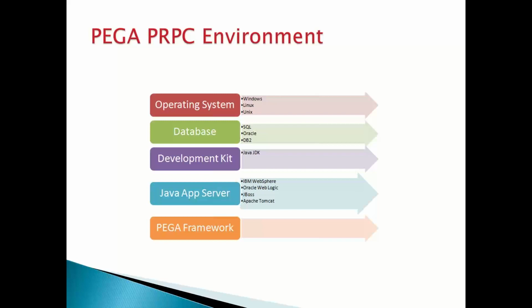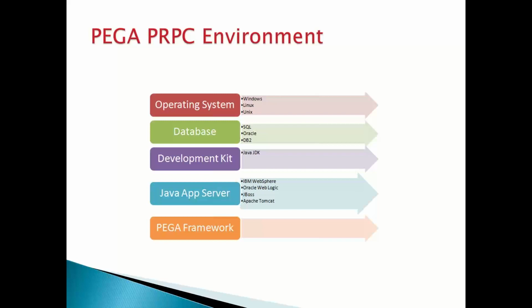Application building means a database is compulsory, a server is required, and some OS is required. And in order to build applications using Pega technology, the Pega PRPC application framework is required. These are all provided by Pega Systems. Other than that, in the Pega application, some of the concepts and features are developed using core Java. So when you're using those features on the server, Java will be running.